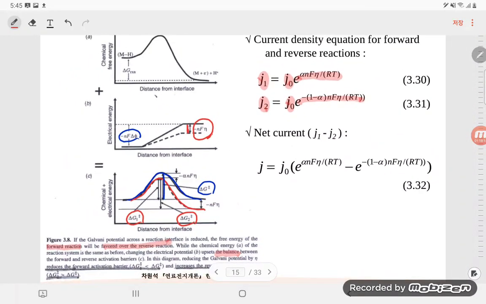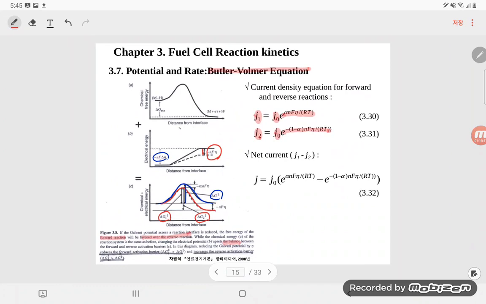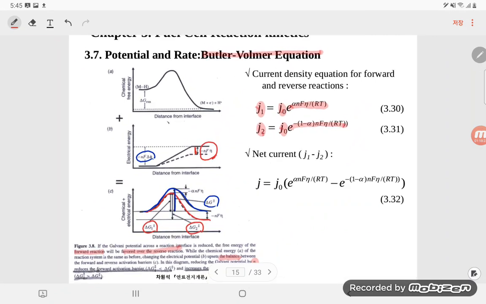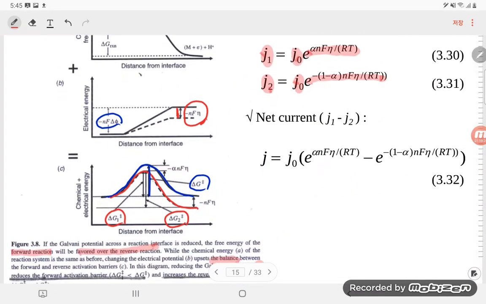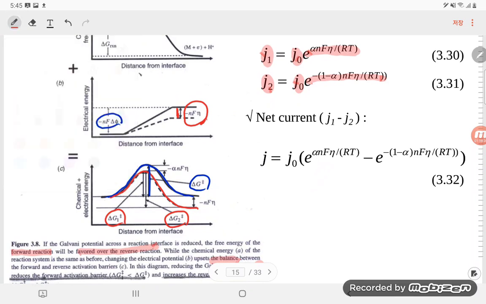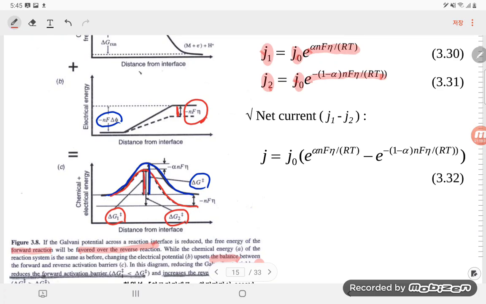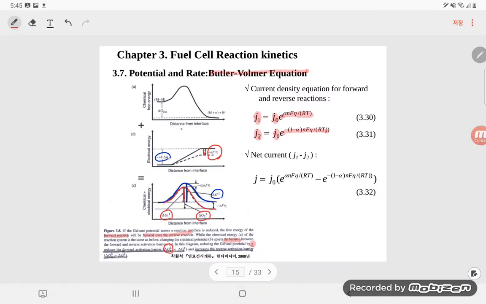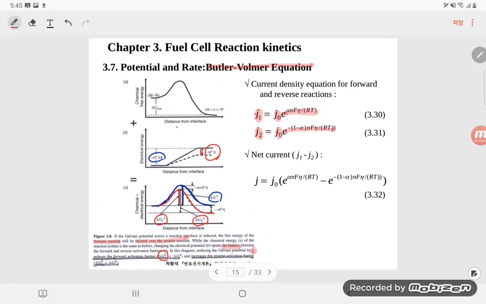So in this diagram, reducing galvanic potential by F eta reduces the forward activation barrier, right? When we compare this blue one and this red one, the activation barrier gets lowered, right? This gets lower than the previous in the equilibrium state, and increases the reverse activation barrier.